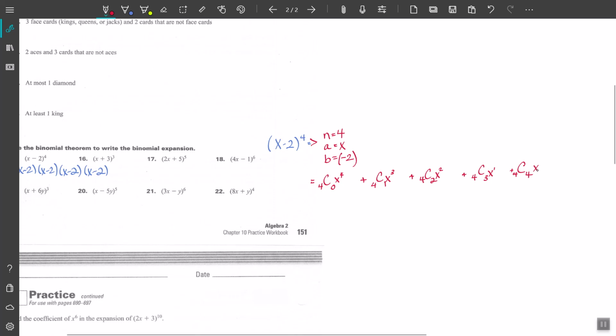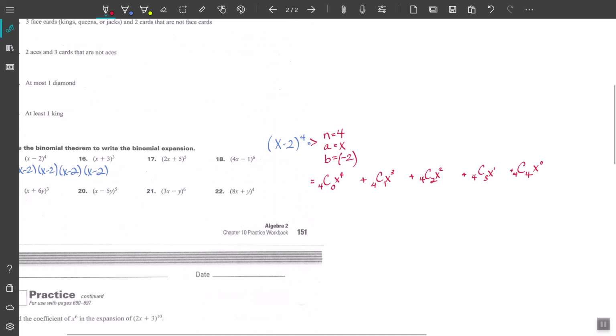This would be x to the 0 power. We know it to be 1, but just for consistency's sake, until you understand the pattern, I want to write that in there, because we're starting with our n and we're decreasing in order until we get to the 0.